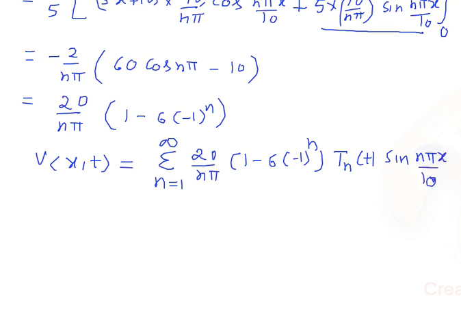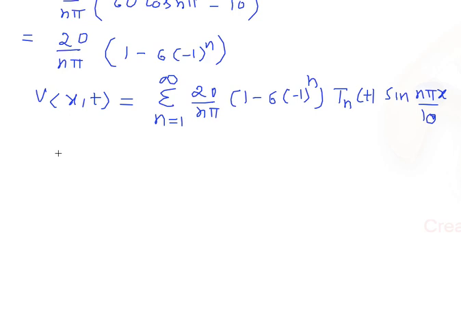Now you know u is v(x,t) plus h(x). So u(x,t), the solution of the non-homogeneous partial differential equation, is the steady state plus the transient state. The steady state solution was h(x), and that was 2x plus 20.